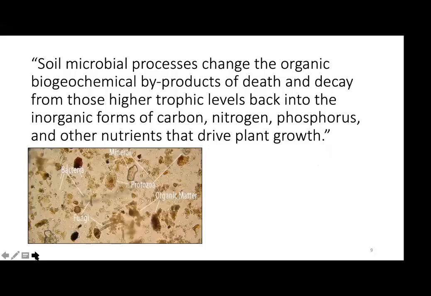Microcommunities in soil are primarily decomposers, and they make organic material into its components, which can then be used by plants. Microorganisms change the plant and animal detritus from higher trophic levels into the actual chemical components that will be accessible to plants to uptake via their roots.